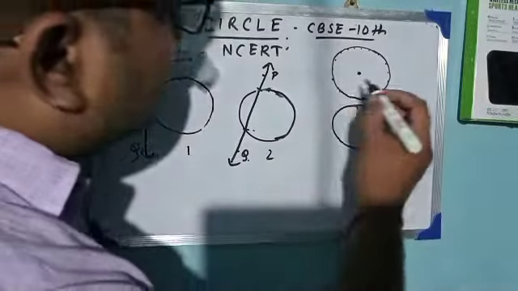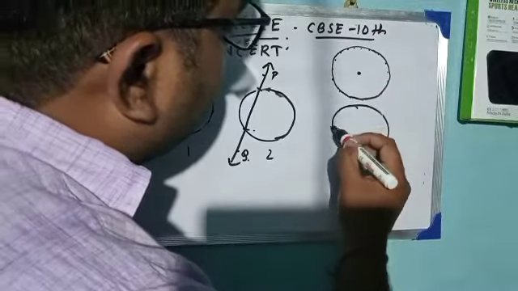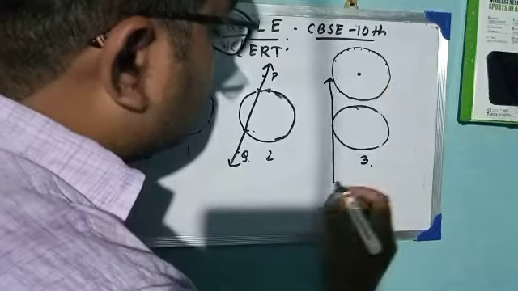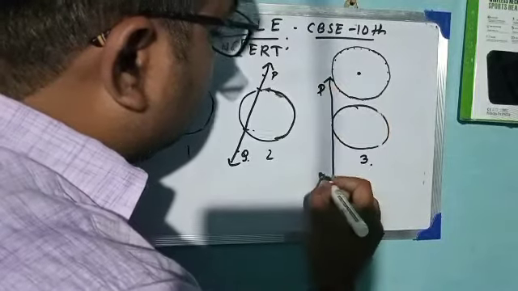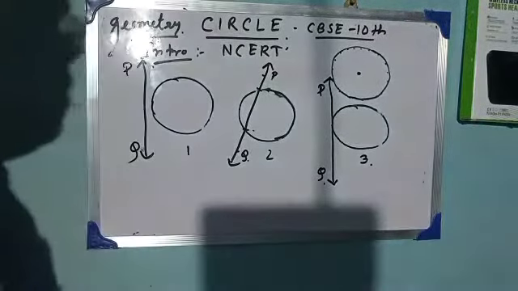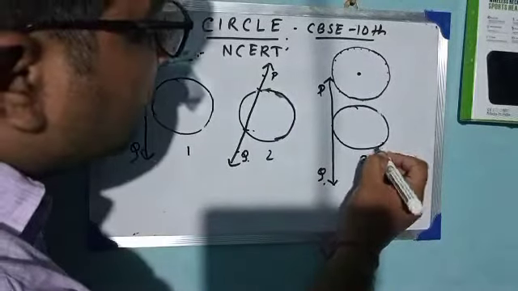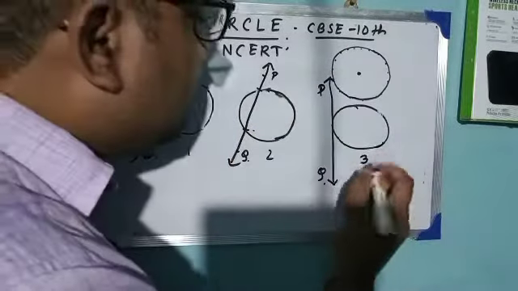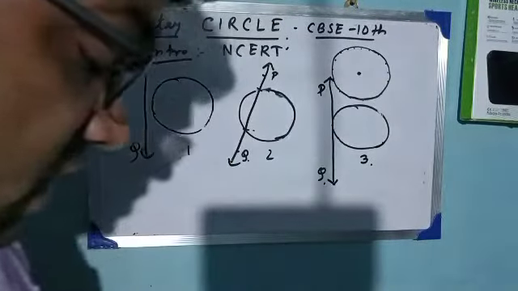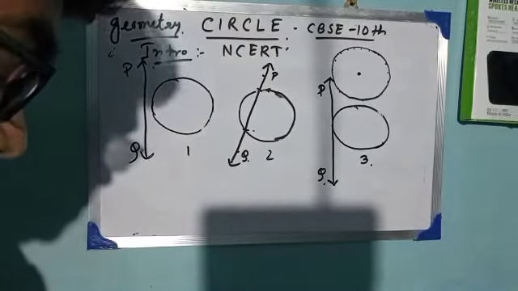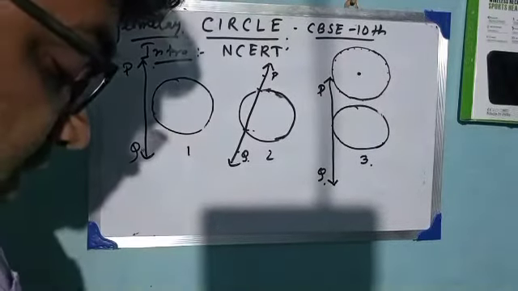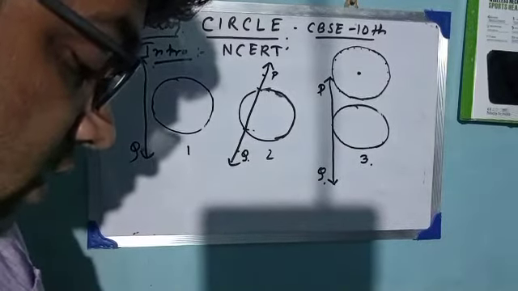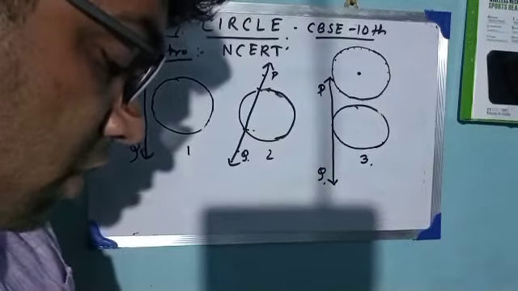Next, if I take the same line segment from here, this also passes through the circle, but it only touches the circumference of the circle. So we can say here that PQ is the tangent of a circle. Here it is shown that there are 2 common points A and B of the line PQ with the circle.